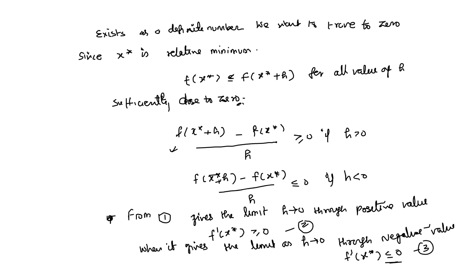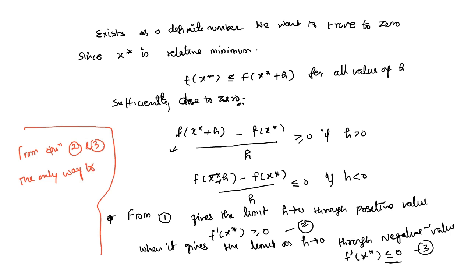So we have to prove this theorem. We write here: from equation number 2 and 3, the only way to satisfy both equations is f dash x star equal to 0.